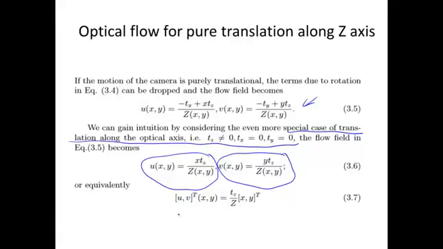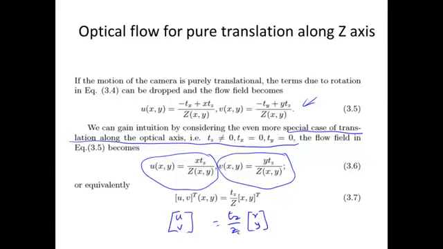So this (u, v) transpose really means little u, little v as a vector, and this (x, y) transposed is x and y as a vector. So these are column vectors, and here these are row vectors which have been transposed with the letter T. Okay. So we get a fairly simple looking expression. So the optical flow vector is proportional to the position vector (x, y), and the proportionality factor is Tz upon Z.